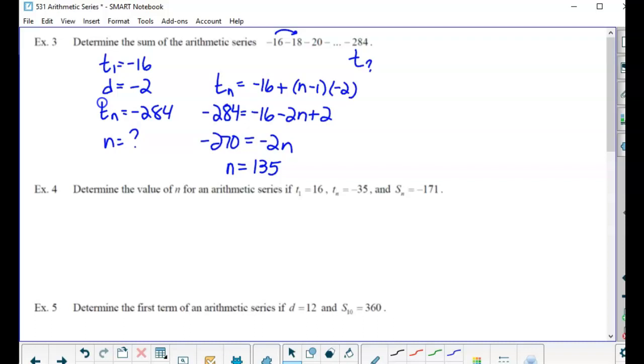So now we can use either formula for S. I'm going to use the first one because I know the value of the last term. So S of 135 is 135 over 2 times the first term plus the last term. Don't forget about the negatives.